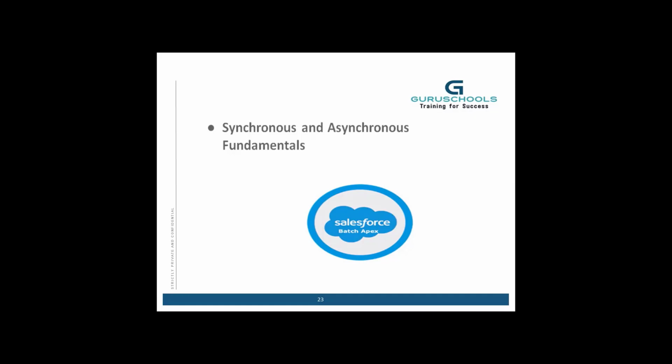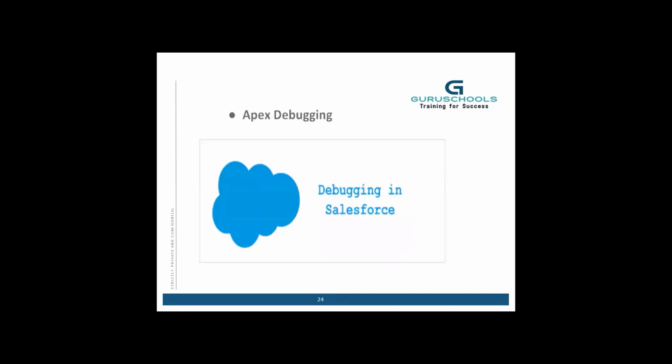And what are asynchronous transactions? Let's assume the example of batch Apex. This is one concept in development, and I'll be covering in the next slide what it means and when we use it. So let's take an example. Batch Apex is asynchronous.